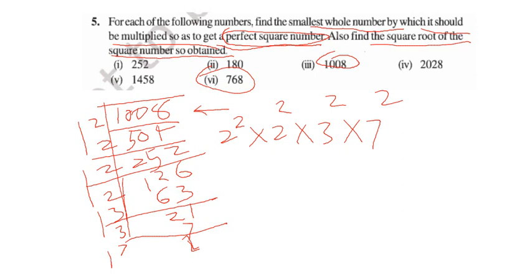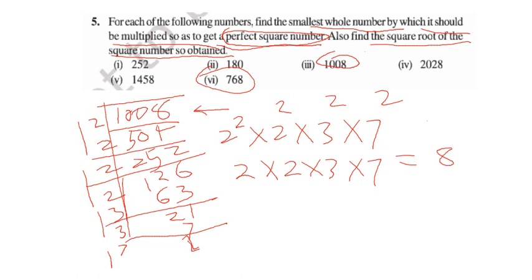Now find the square root of the square number. This becomes a perfect square, but we have to find the square root. So we take just one number out of each square: 2 times 2 times 3 times 7. 2 times 2 is 4, 4 times 3 is 12, 12 times 7 is 84.